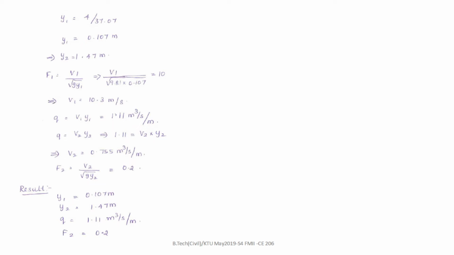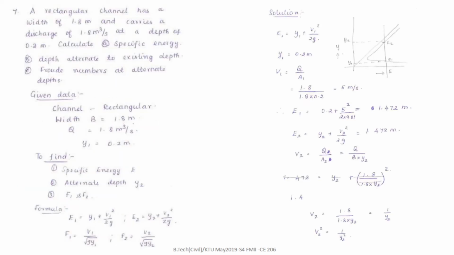Okay, the next problem is: a rectangular channel has a width of 1.8 meter and carries a discharge of 1.8 meter cube per second at a depth of 0.2 meter. Calculate specific energy, depth alternate to the existing depth, and Froude numbers at the alternate depth.